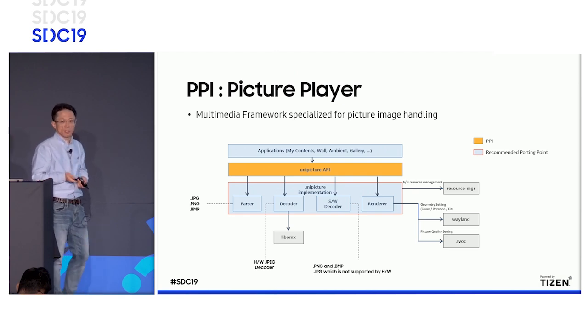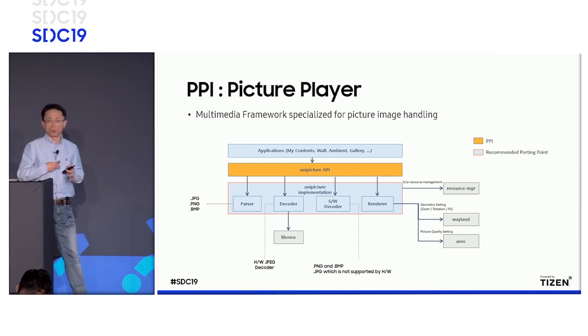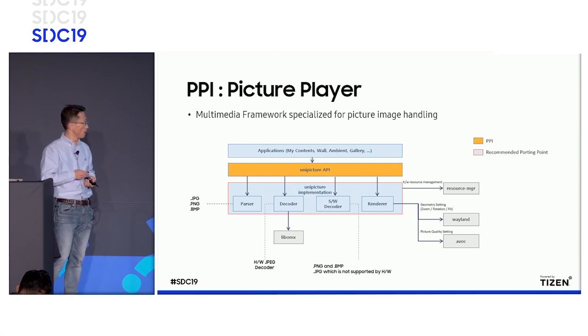So we can reuse the setting value of the video enhancement in our TV. When we want to use that function, we use this picture player function. So we recommend you to reuse this function, re-implement this function.